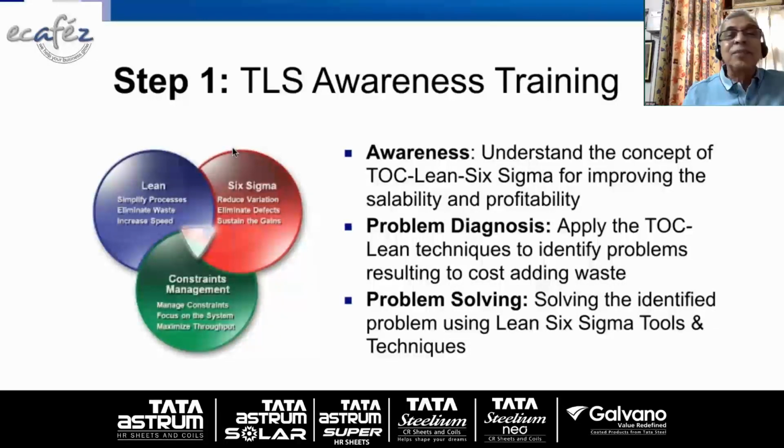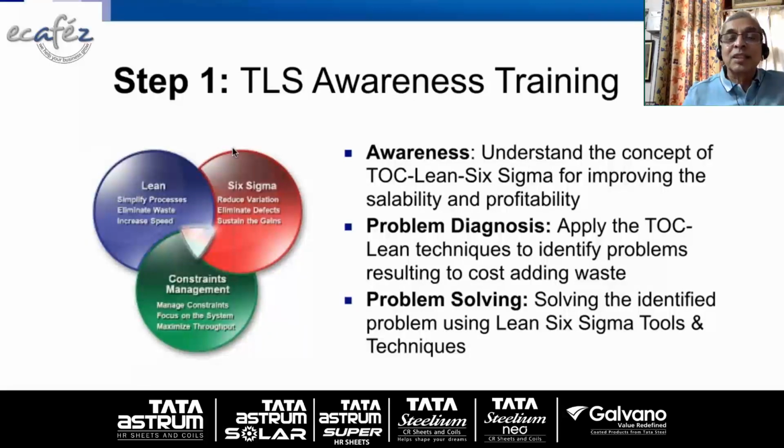Step by step, first step was awareness training, make the people understand the concept. All the process people who are managing the business must understand the concept and change their attitude towards the problem. Then comes diagnosis of the problem using the TOC and lean technique. What are the problems? What are the constraints?